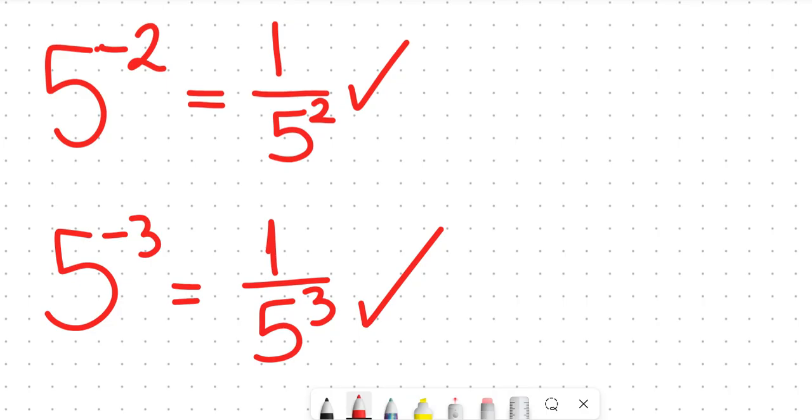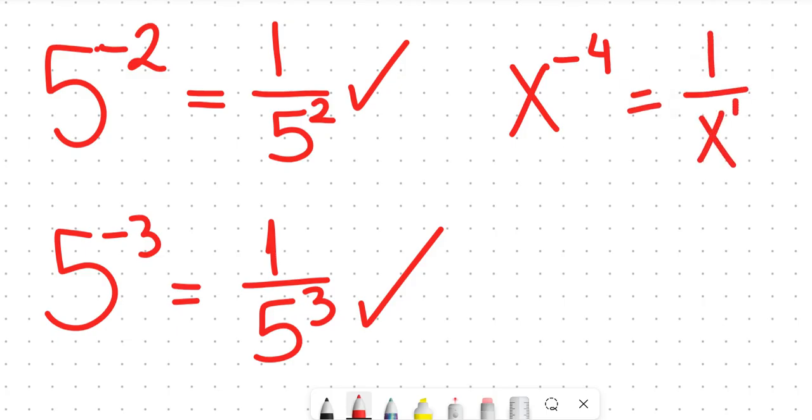Let's see if we can have some practice. If we have, let's say, x to the power of negative 4, so we say 1 over x to the power of 4, because the power becomes positive. All right, what if we have, let's say, 3x to the power of negative 2?